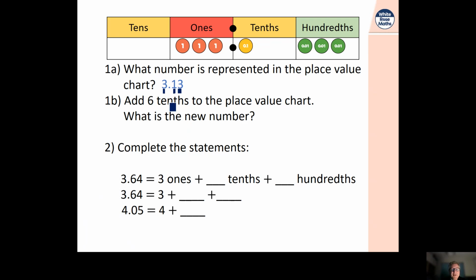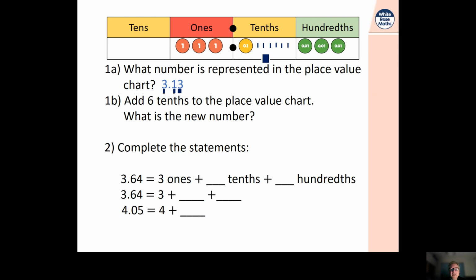If we add 6/10 to the place value chart, what's the new number? You could have popped those in 1, 2, 3, 4, 5, 6. So the ones hasn't changed.